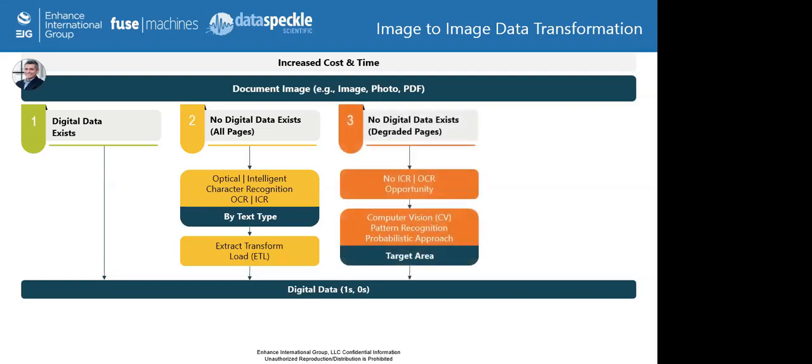When we move on further, we see that there are other things happening, because if you do not have digital data, and if optical character recognition is not enough, then it must be somehow augmented with computer vision algorithms.